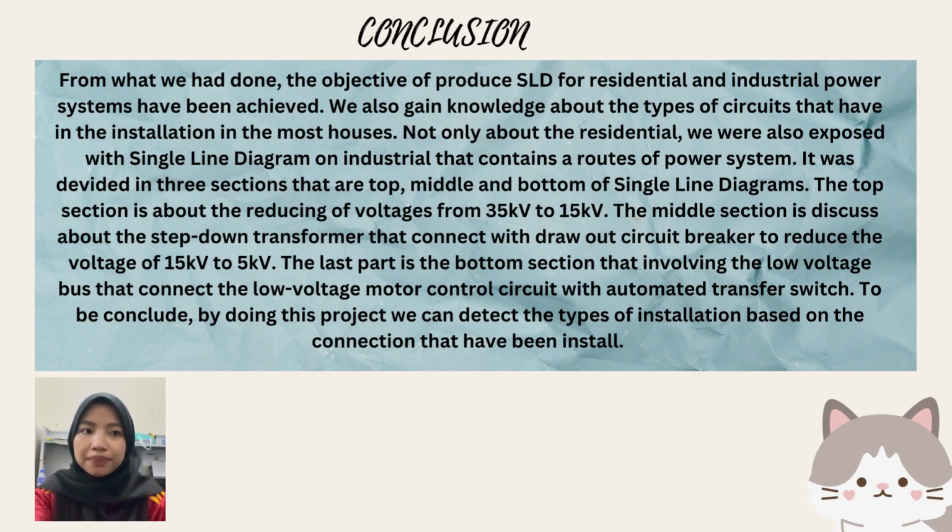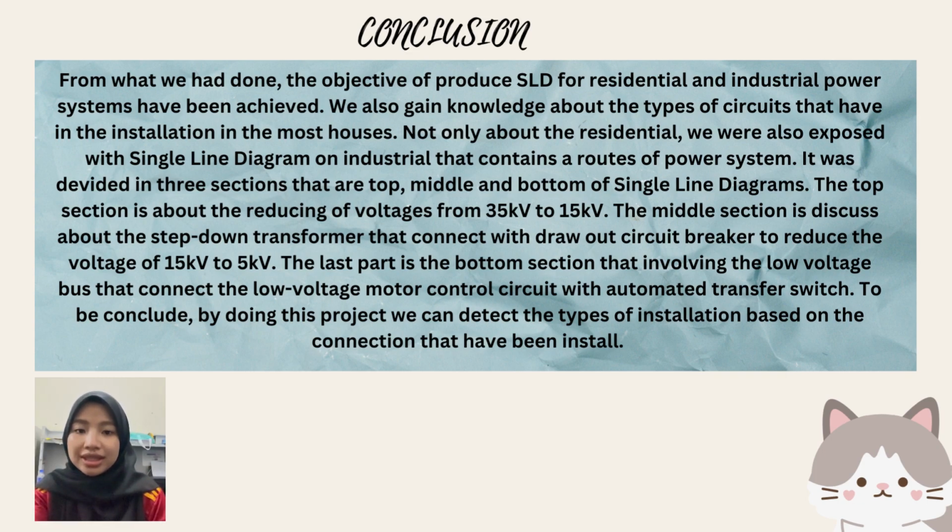It was divided into three sections, which are the top, middle and bottom of the single line diagram. The top section is about reducing the voltage from 35 kilovolt to 15 kilovolt.